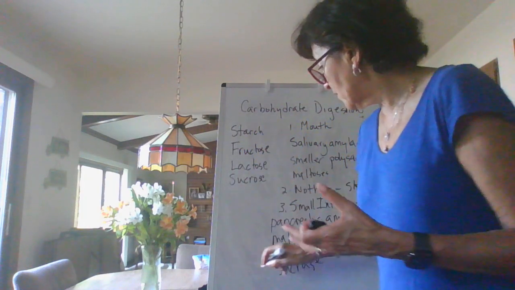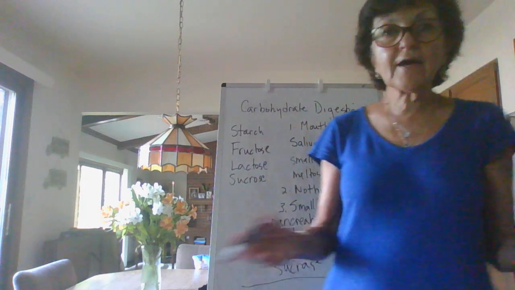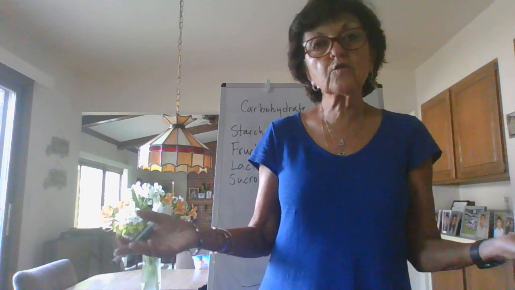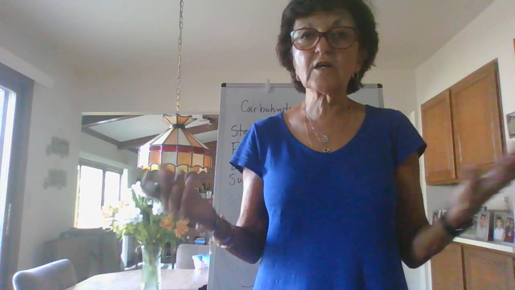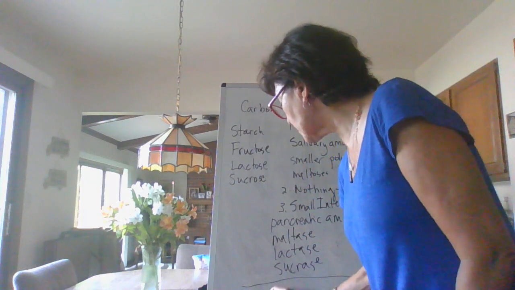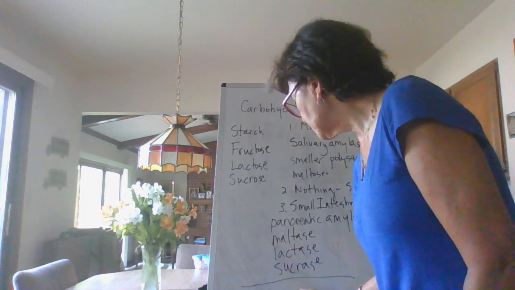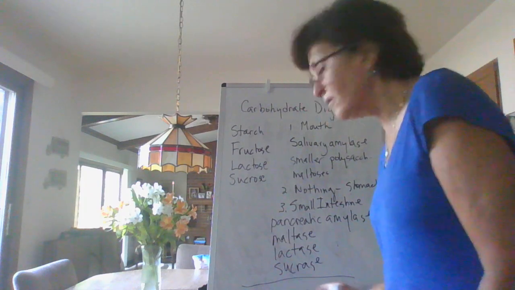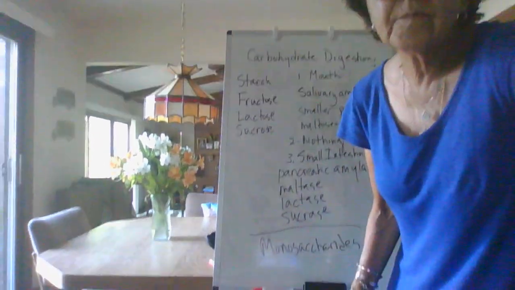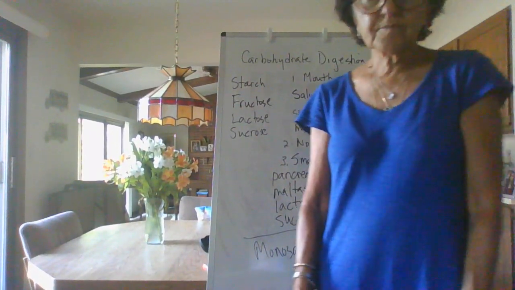And now, at the end, you are left with thousands of glucoses and fructoses and galactoses. You just have monosaccharides. But which monosaccharides? Glucose, fructose, and galactose. Okay, so that's what we have.